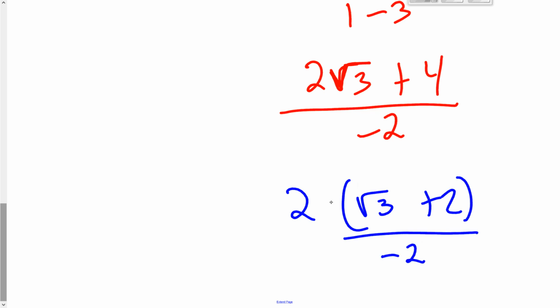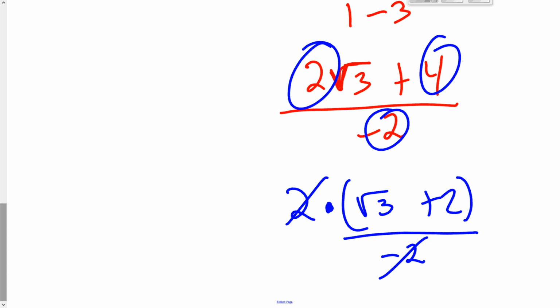And now that we have multiplication here, we can cancel these 2's. Originally you can't cancel those 2's because I would also have to take it out of the 4, right? But if I factor a 2 out of the top, I notice these all have 2's in them, so I can take out a 2, and then I can cancel.